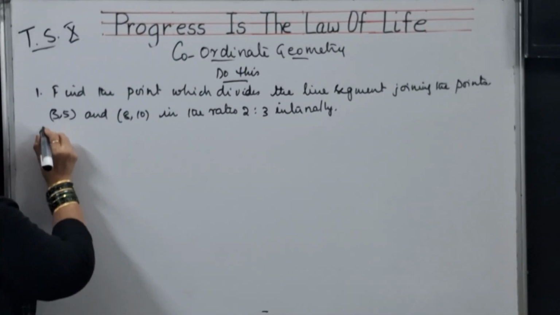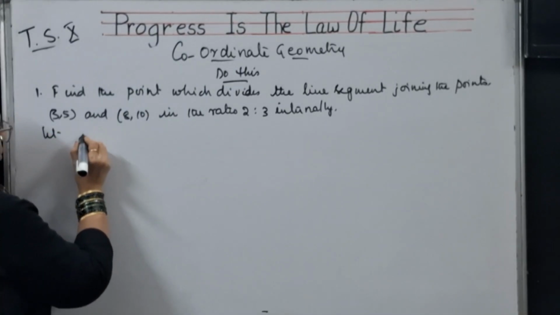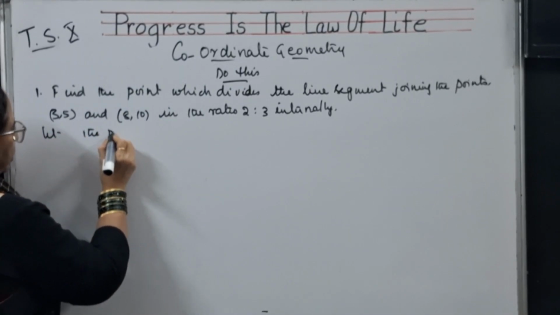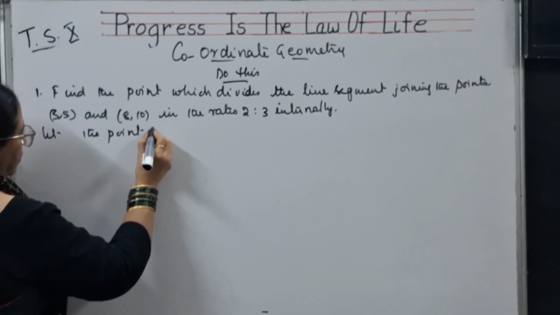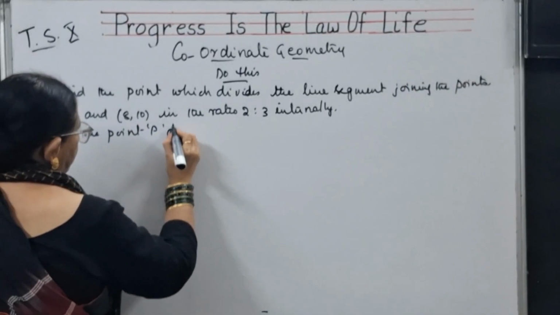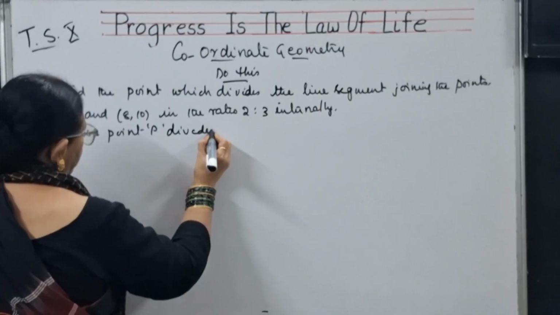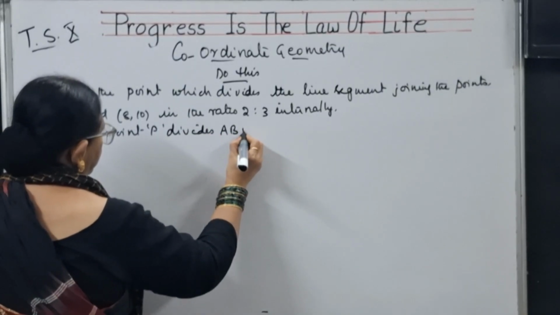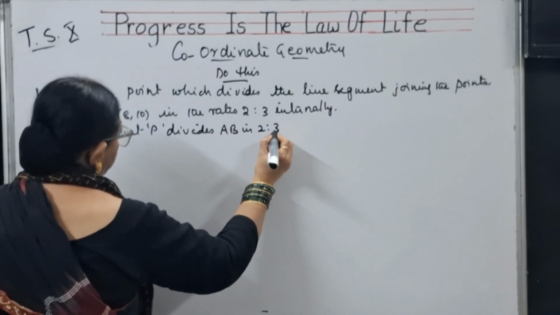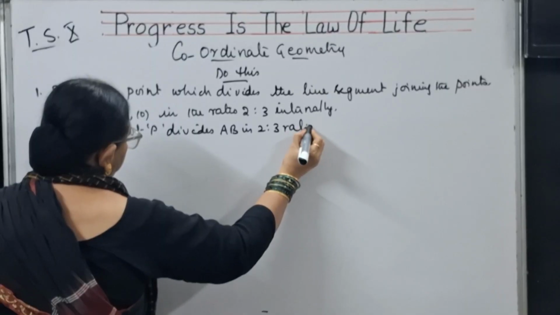So let the point P divide AB in 2 is to 3 ratio.